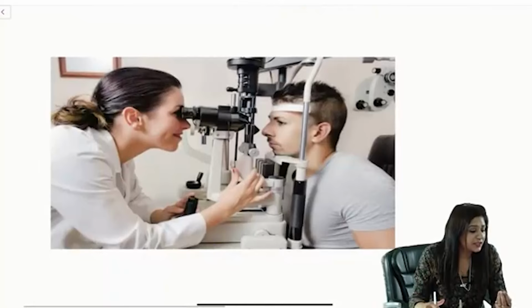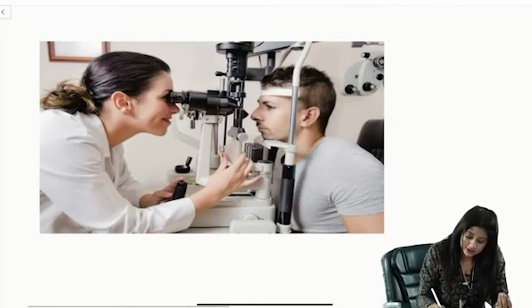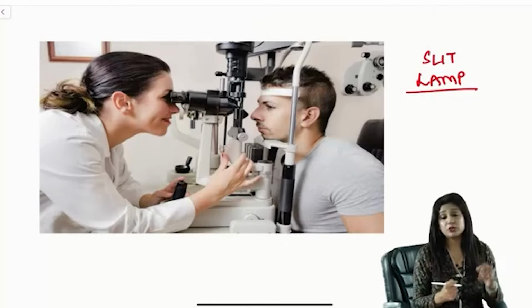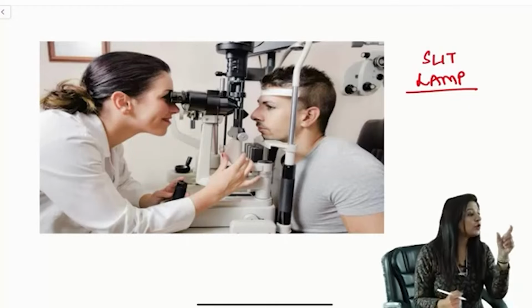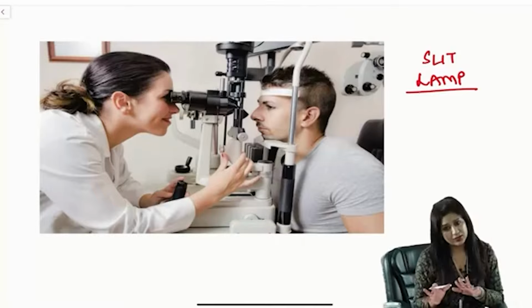Yes, what is this? Do you know this? This is a slit lamp. Slit lamp is the first machine that you see in OPD, the basic instrument to look for the internal structure. What we discussed earlier was the external structure of the eye.